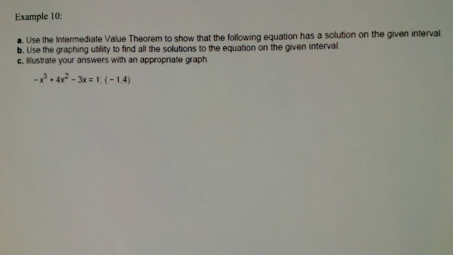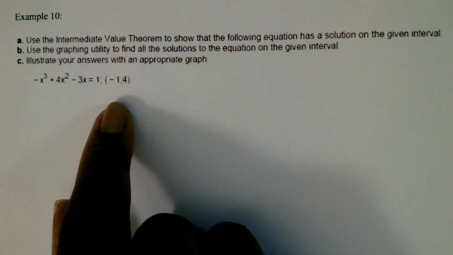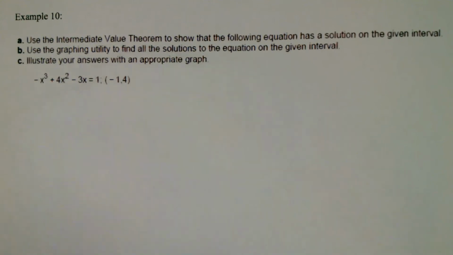All right, so we got negative x cubed plus 4x squared minus 3x equals 1. And the interval this time is from -1 to 4.